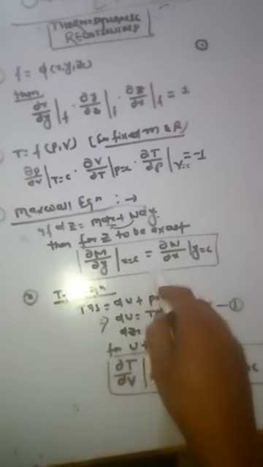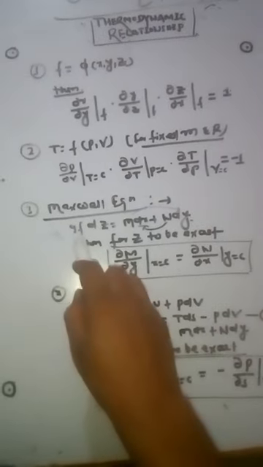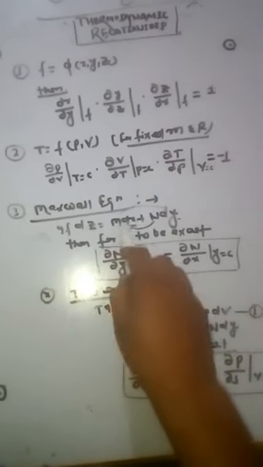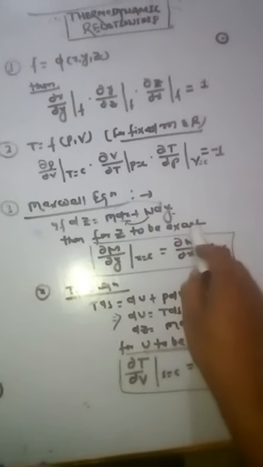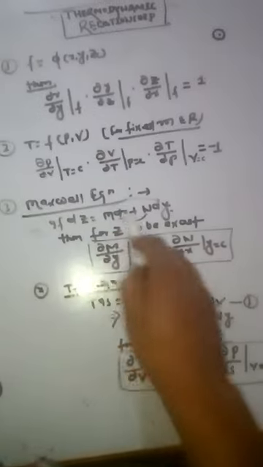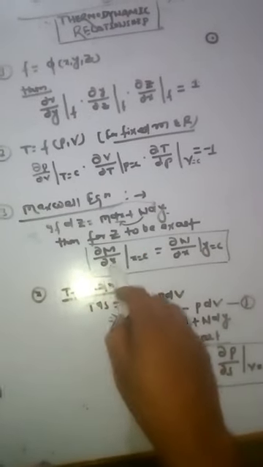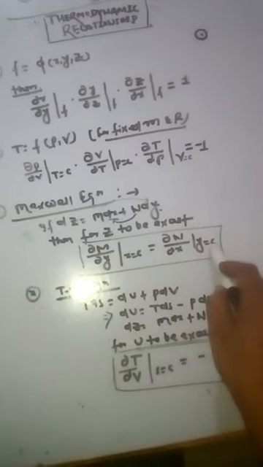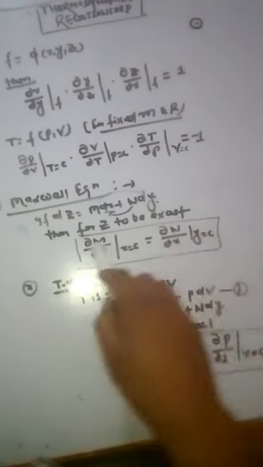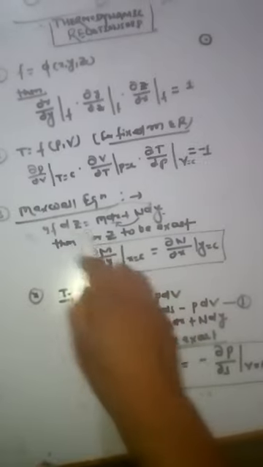The format is that if dz is equal to m dx plus n dy, then for z to be exact, del m by del y at constant x is equal to del n by del x at constant y. This equation is easy to remember. Have a look at the equation.